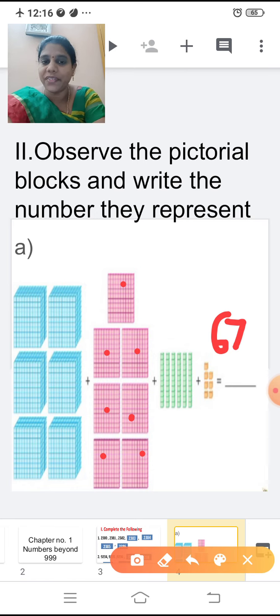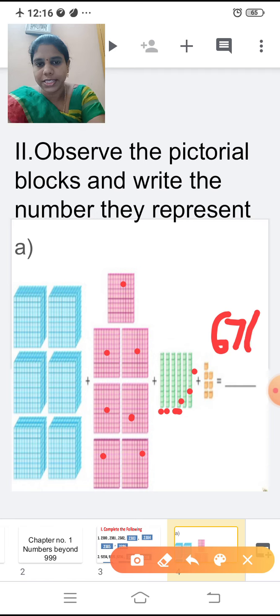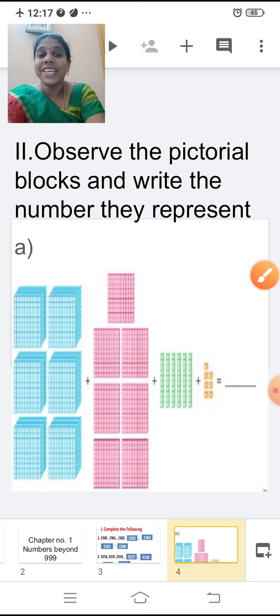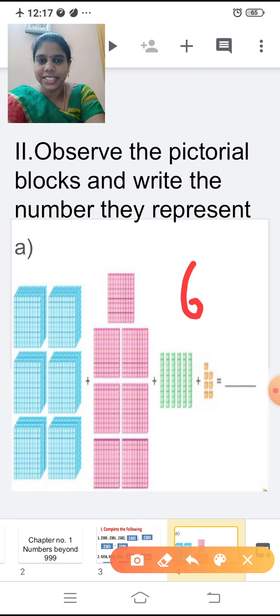Shall we count the tens now? 1, 2, 3, 4, 5, 6. So we have 6 in the tens place. Shall we count the ones now? 1, 2, 3, 4, 5, 6, 7. So how many we have? 7. So the answer is 6, 7, 6, 7.